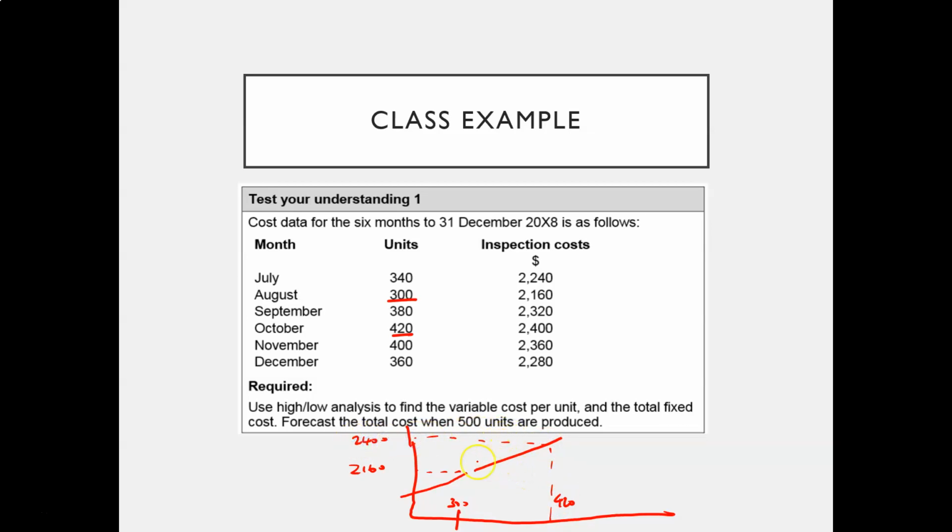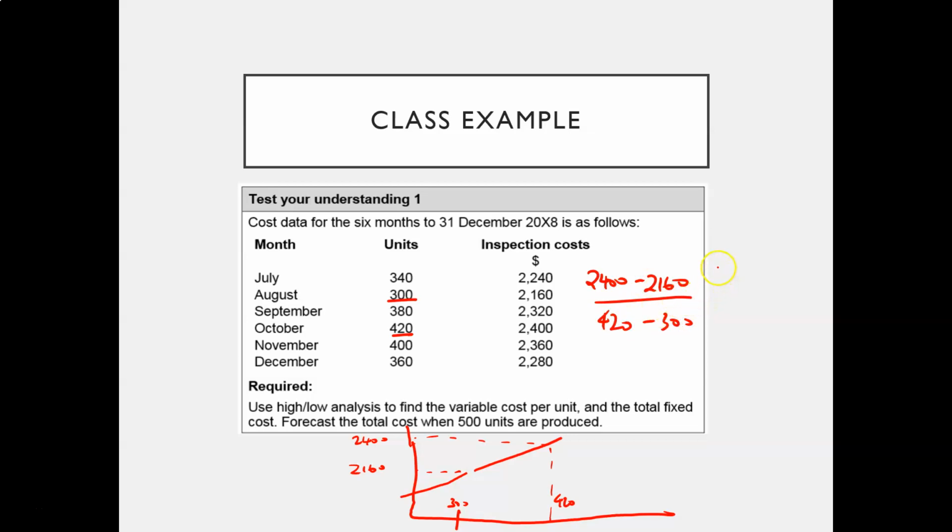Everything I've been doing so far, you saw me do the change. I'm trying to find what happens when activity increases by 1 unit. That's my goal. And I do that by asking what the change in cost is over this range. So what I'm saying is 2,400 minus 2,160 divided by 420 minus 300.